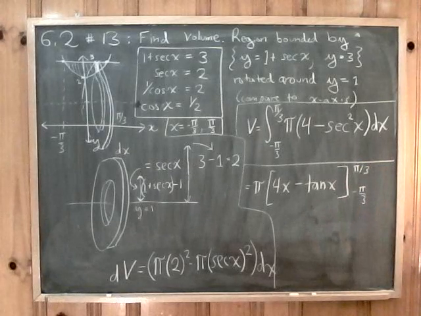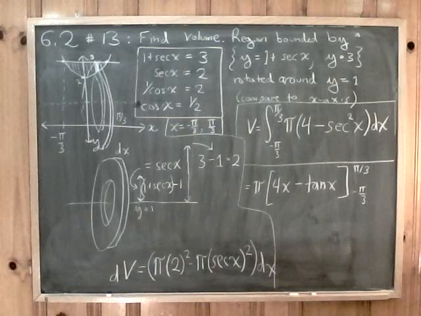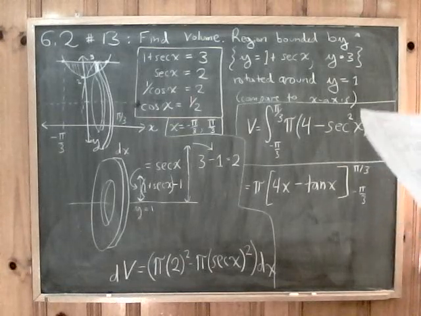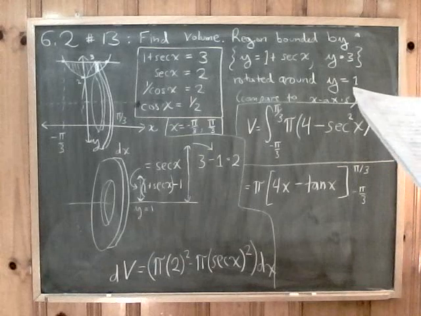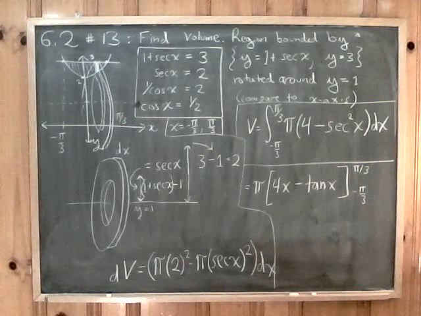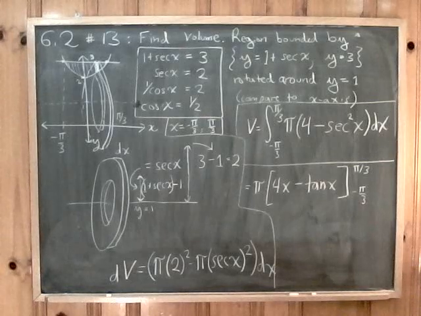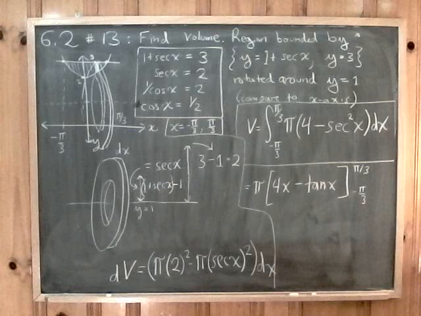And now you can plug in the pi over 3 to both, and the negative pi over 3 to both. And tangent of pi over 3: for that, you can look at the sine divided by the cosine. So you've got square root of 3 over 2 divided by a half, which comes out to square root of 3.